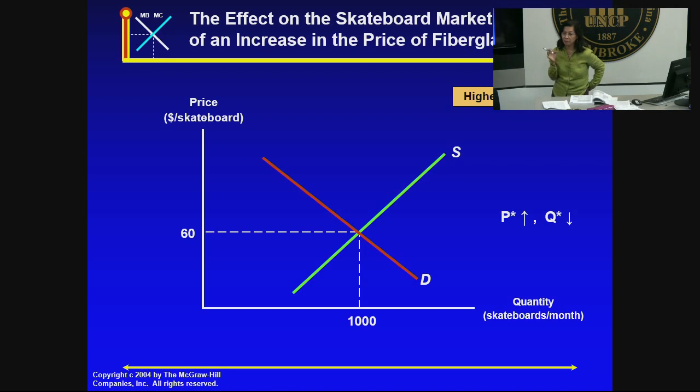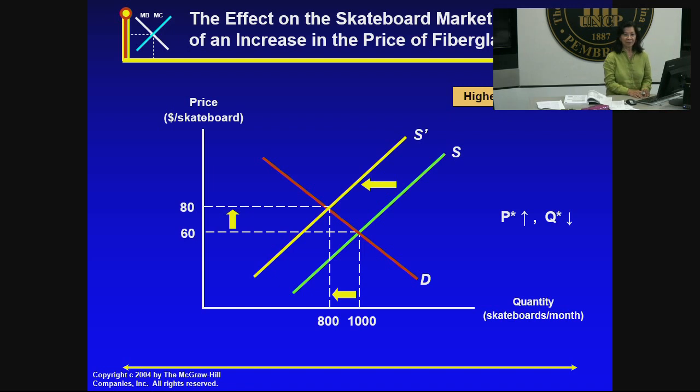To the left or to the right? A while ago we say we should decrease, right? Or we should increase. Which one? If the price goes up, it's more expensive now, so would you make more? You will make less. So that means supply curve will shift to the left. To the left. Very good. Let's see if you're right. Ta-da! Very good. So this is how you reason, okay?